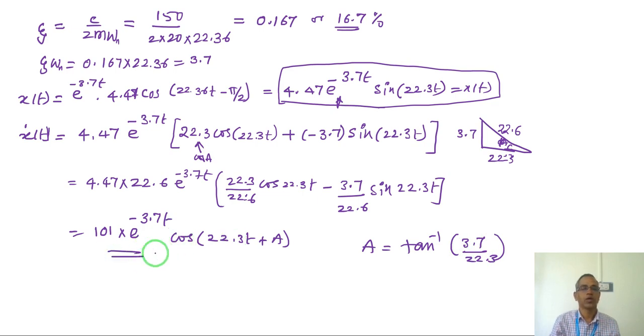That's all. This is x dot of t. By substituting t equal to 1 second, I can find the value of this, the constant value. Thank you.